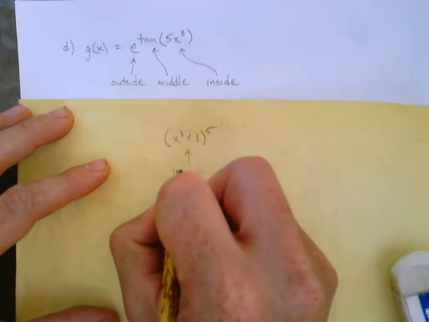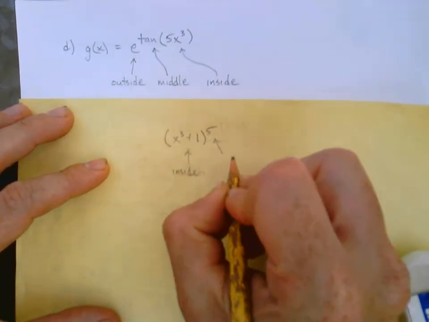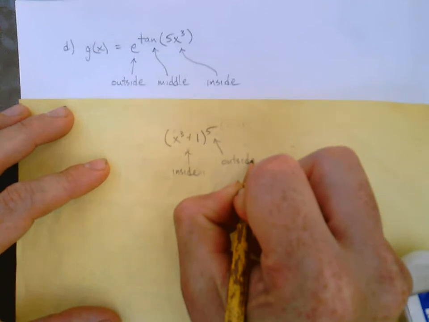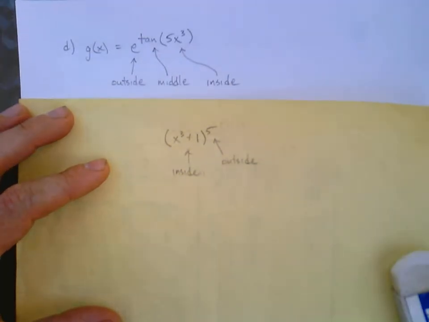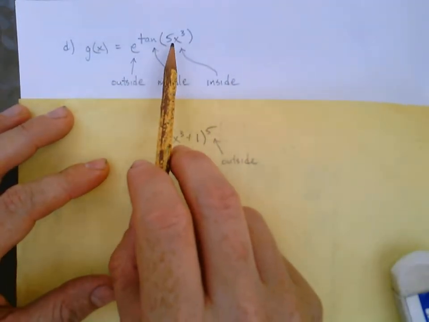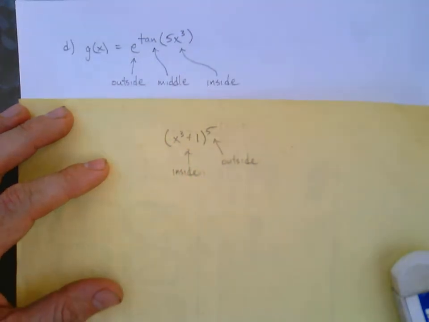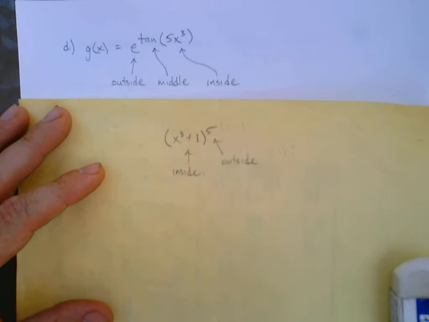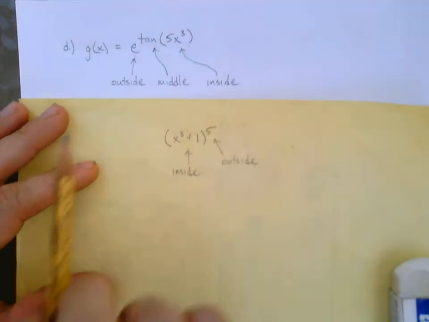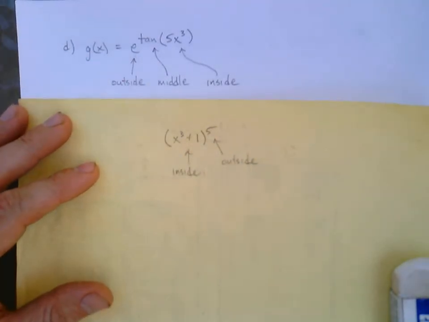This was the inside. This was the outside. But now we're saying, no, actually the innermost, you want to start with the exponent, and it's this that's the outermost. When you have something like an e, this is the one exception with the parentheses.